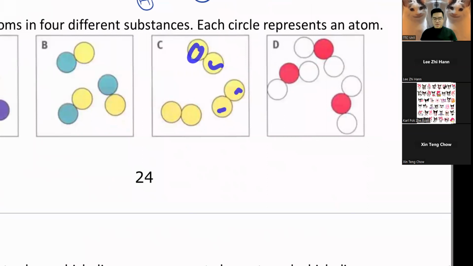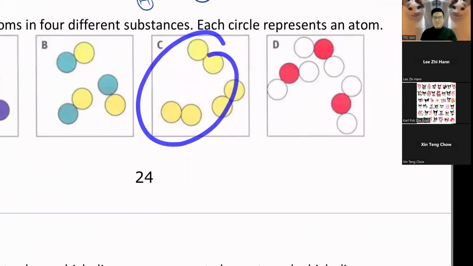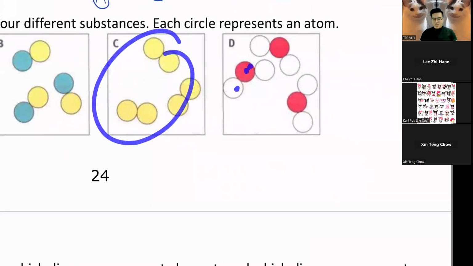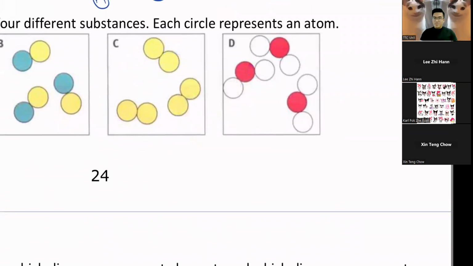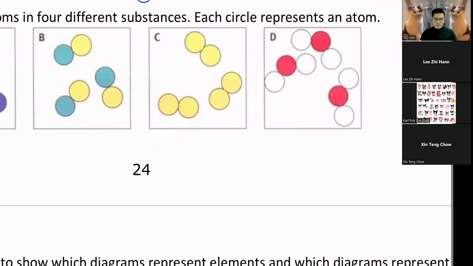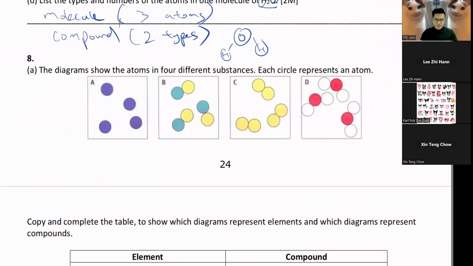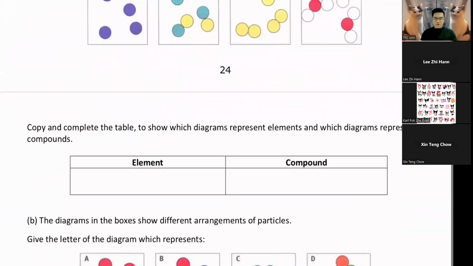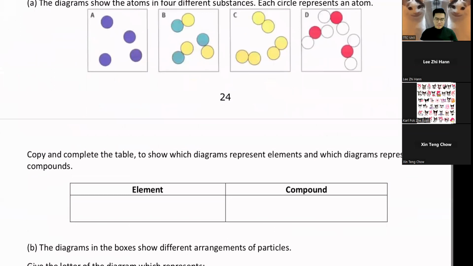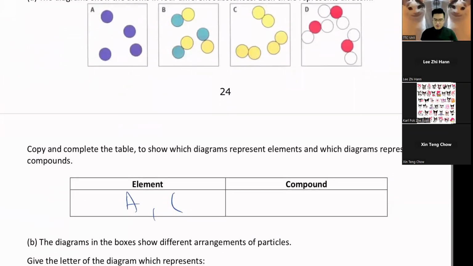Only 1 type here, only yellow color here, element. 2 types here, red and white, compound again. Element is A and C. Compound is B and D.